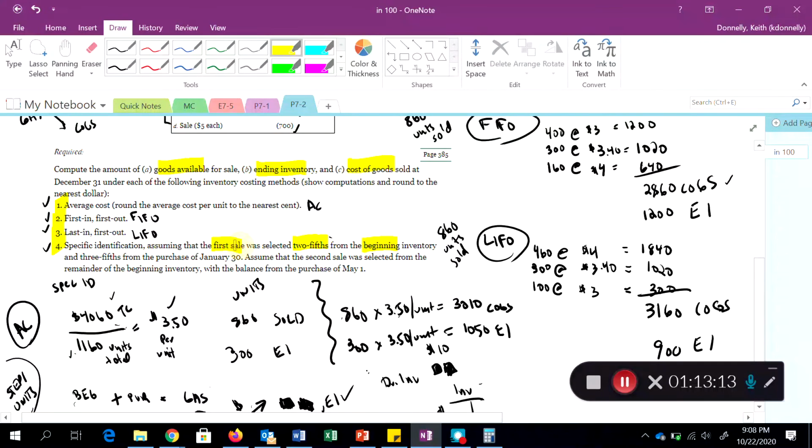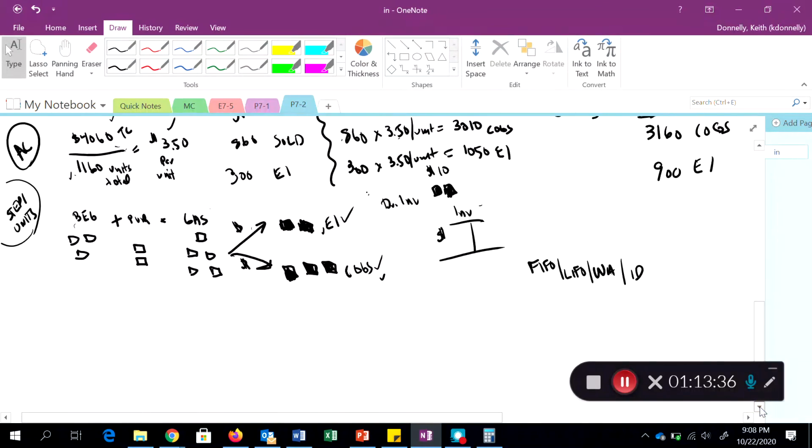We had two sales up there. The first one, 2/5 from beginning, 3/5 from purchase of January 30th. Second sale was selected from the remainder of beginning, what was left over after the first sale, and then the balance from the purchase on May 1st.